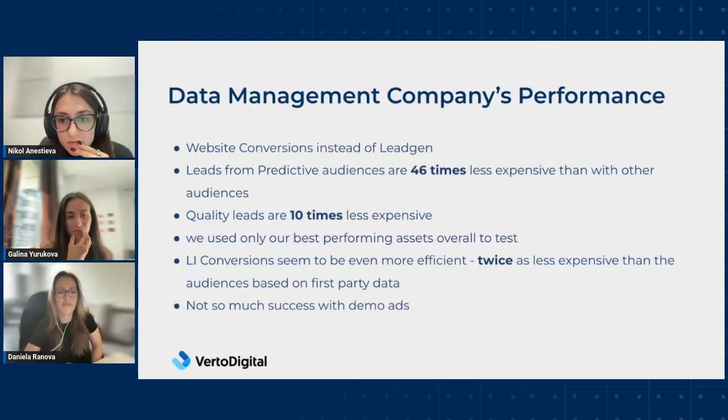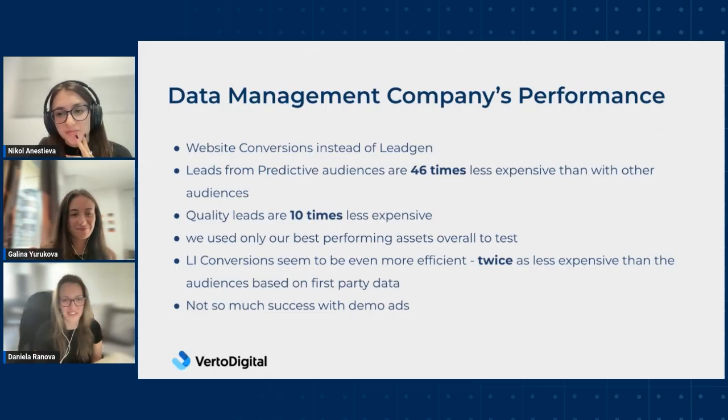Moving on to the second case study. It's still in the works, but we can share a couple of results. Similar to the Snaplogic story, this client has similar results. However, we had a different strategy there. In this case, instead of lead gen, we used website conversions, which is not the preferred objective, I would say, for lead generation.